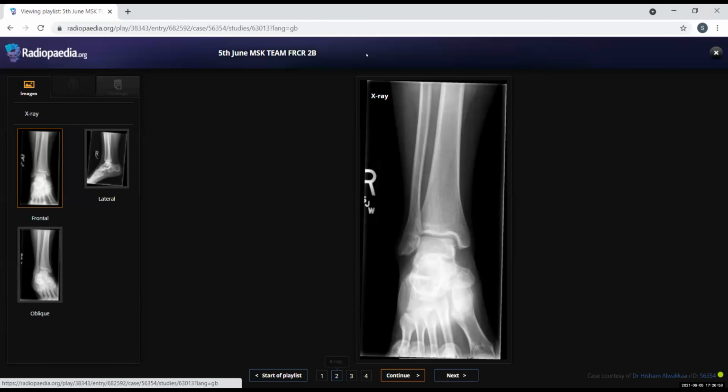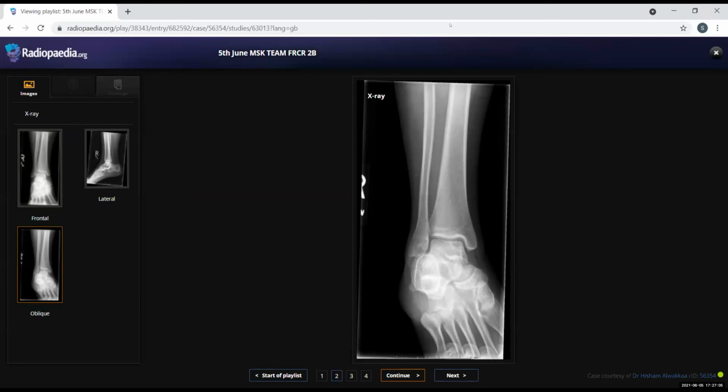Can I check the other views? Yes, please. Okay, so for the mortise view, I can now see that there is a lucency in the talar dome, the medial side of the talar dome. Can you please point it out? Yeah, this one.